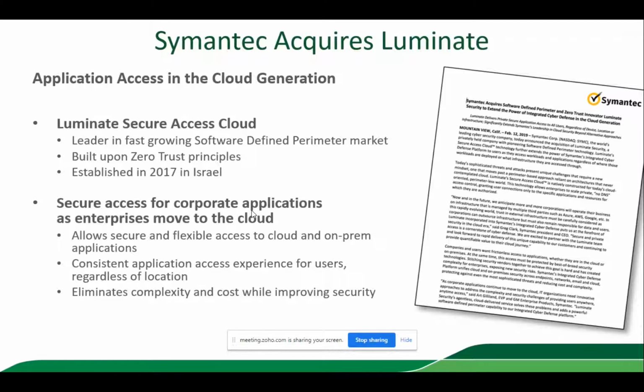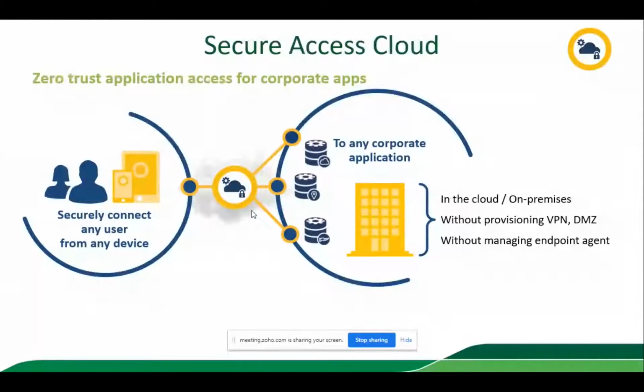Whatever applications they're using, they're moving to the cloud. So it connects the users to the applications via Zero Trust, where it is continuously validated. It connects the users using any device located anywhere to any application in a very simple way. Secure Access Cloud is a native cloud application solution that addresses the challenges of the modern enterprise.